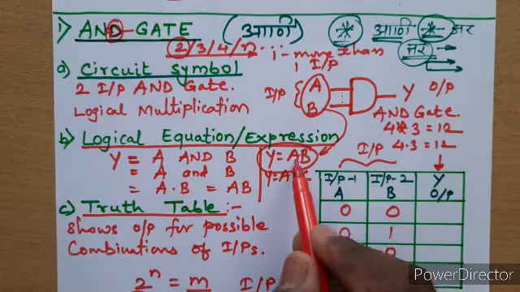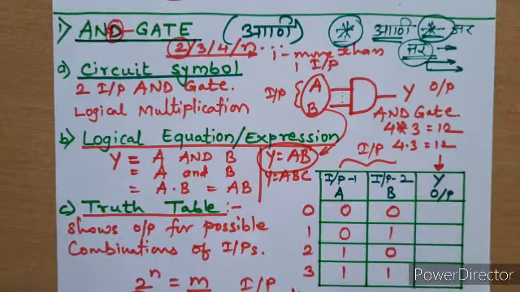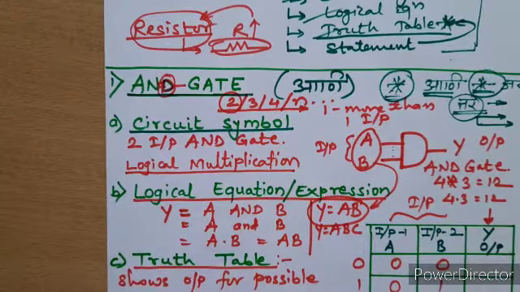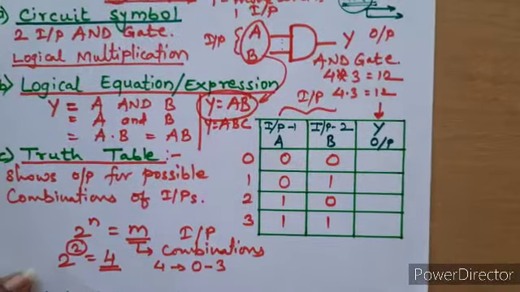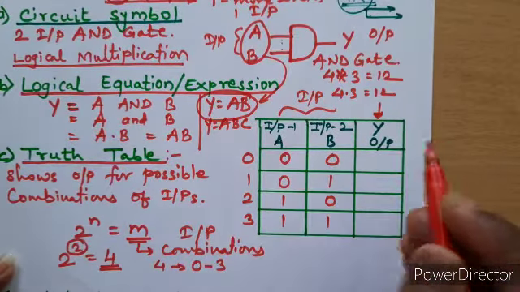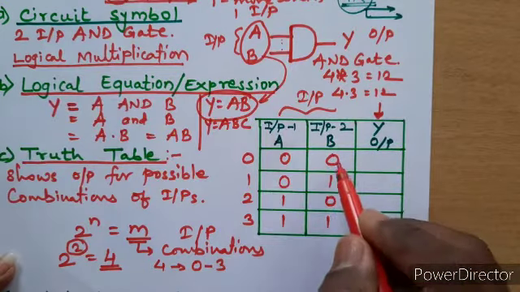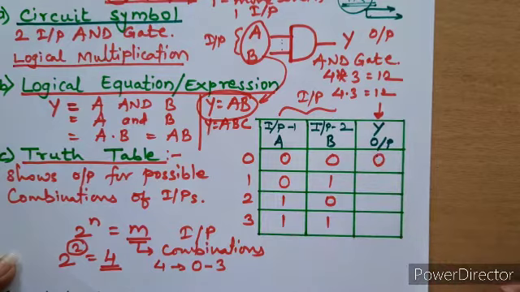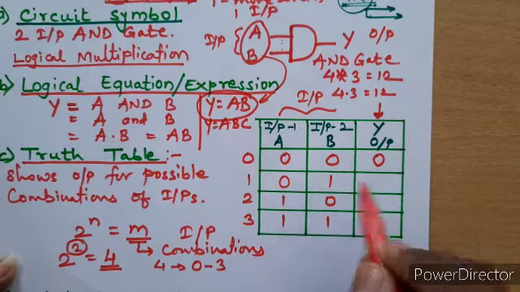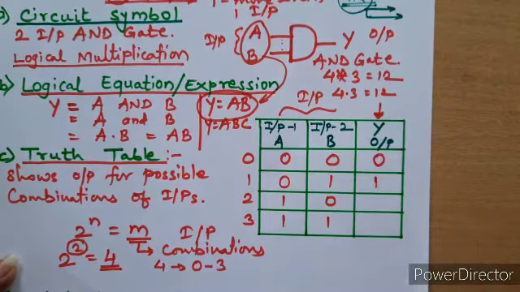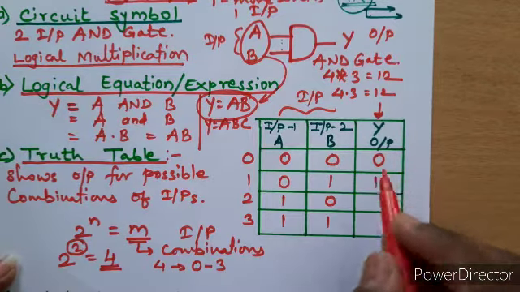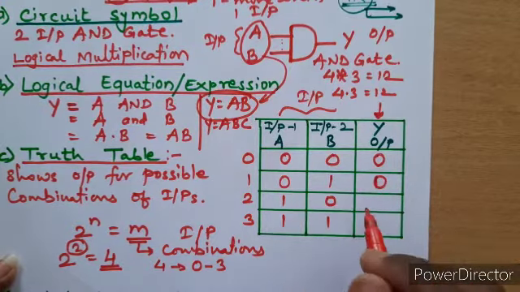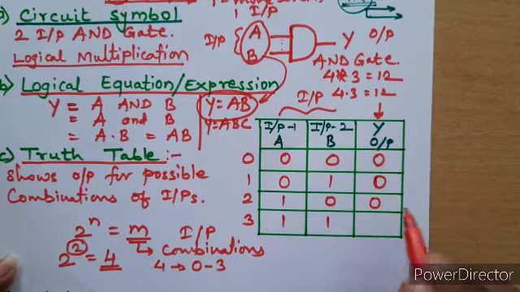So what is it? A dot B means logical multiplication, right? So this is simply logical multiplication. Okay, so 0 and 0, or 0 into 0, is 0. 0 into 1 is 0. 1 into 0 is 0.